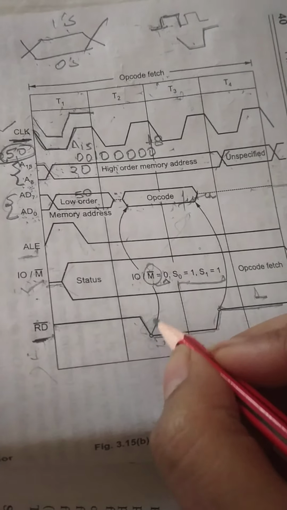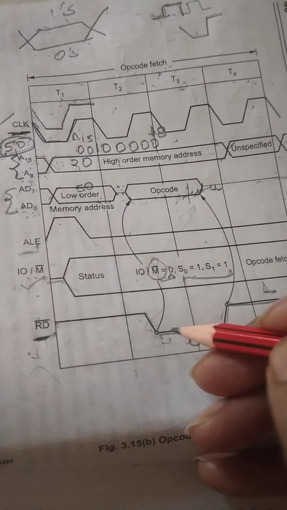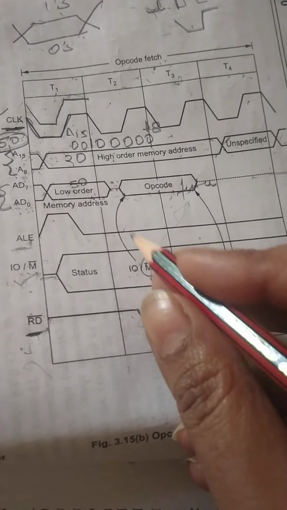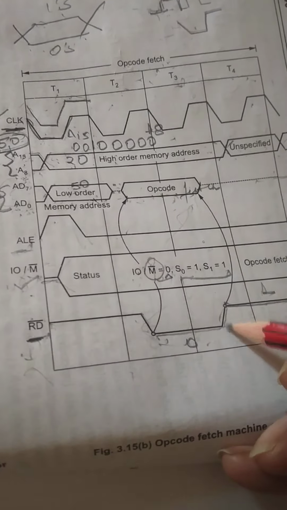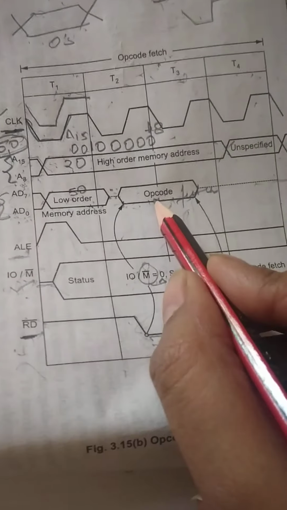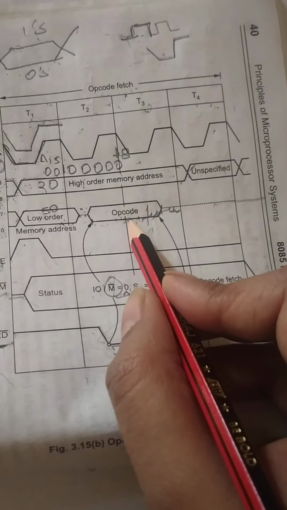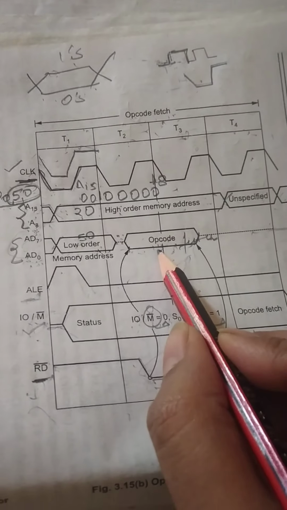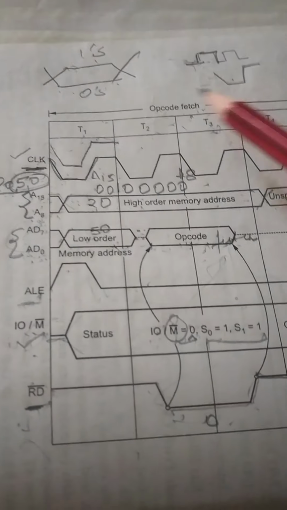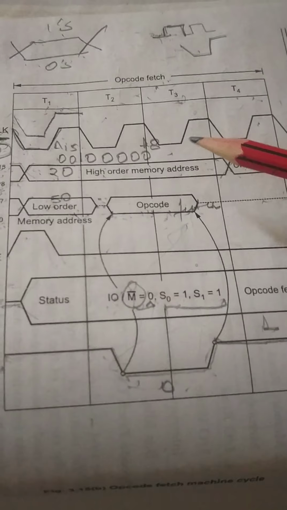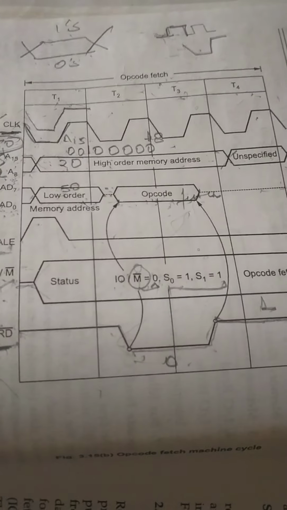So it is shown by two arrows, the start of the read and the end of the read. It is represented by opcode fetch here. We don't write opcode read. It is represented by opcode fetch. So this is all about the timing diagram of opcode fetch.